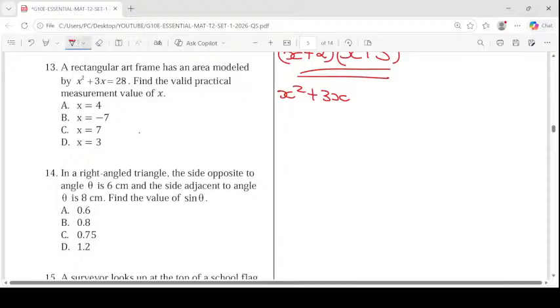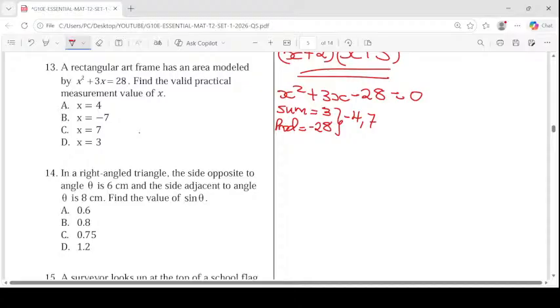When you minus 28 here, this should be equivalent to 0. Now let us look for two numbers whose sum should be 3 and whose product should be negative 28. The two numbers here, ladies and gentlemen, are negative 4 and 7.